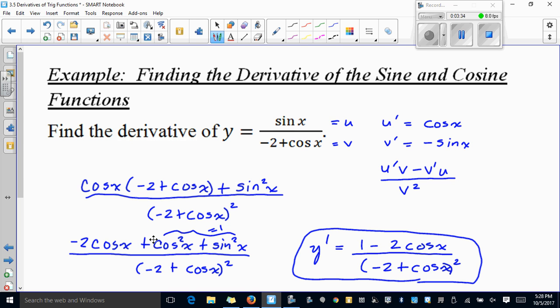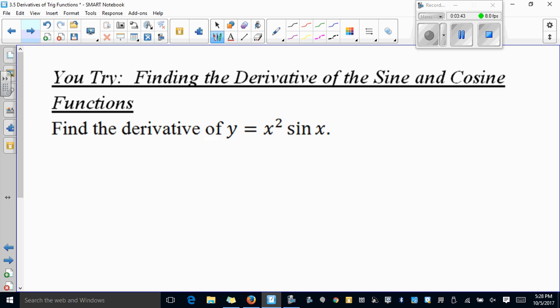This one's product rule: x squared times sine of x. So u is going to be x squared, so u prime is 2x. v equals sine of x, so v prime equals cosine of x. Remember, derivative of sine is cosine, derivative of cosine is negative sine. And we want u prime v plus v prime u.